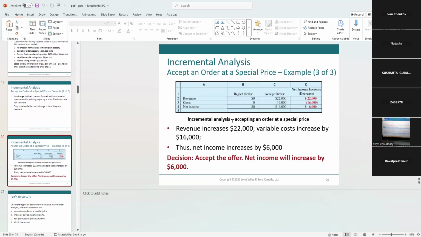So once we do the calculation, if I reject the order, obviously I'm not going to get anything. But if I accept it, my revenue is going to jump by $22,000. My cost is going to increase by $16,000, so in total I'm going to generate $6,000. $6,000 again comes from 2,000 units times $3 per unit.